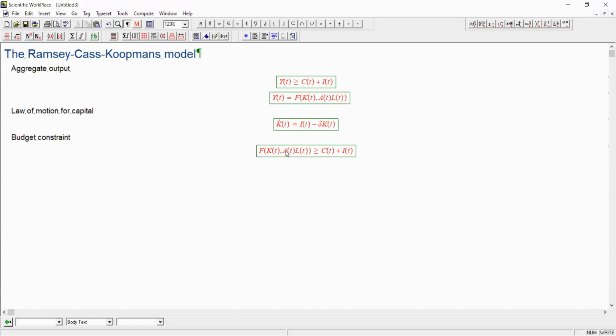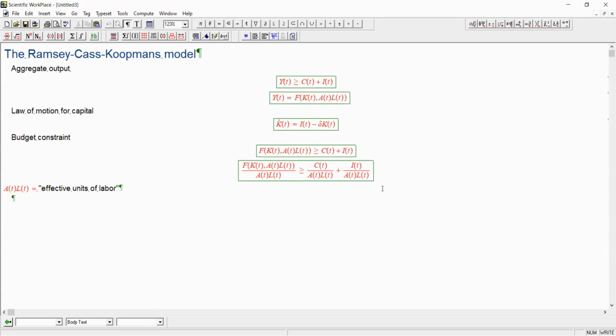Now, let's try and get this all in effective units of labor. So let's take this and divide it by A times L. A times L, we're going to refer to as effective units of labor. Shorthand. Next, we're going to do two things.